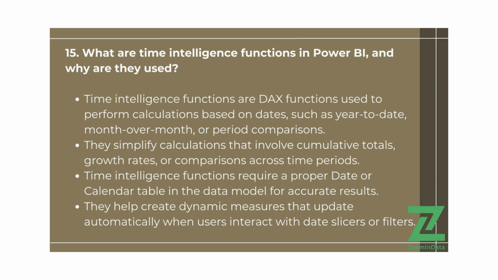They simplify calculations that involve cumulative totals, growth rates, or comparisons across time periods. Time intelligence functions require a proper date or calendar table in the data model for accurate results. They help create dynamic measures that update automatically when users interact with date slicers or filters.